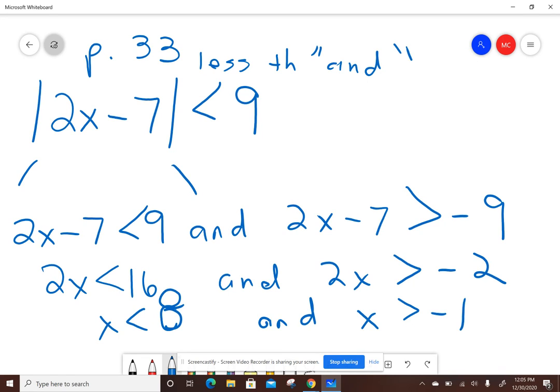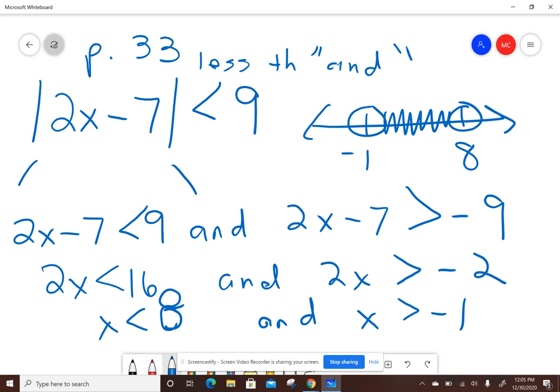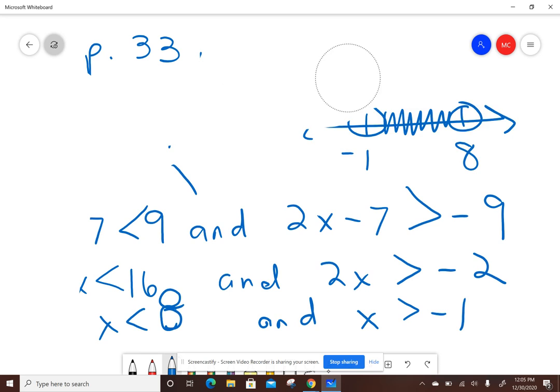So it's greater than negative 1, but less than 8. And it's a classic and looking inequality. Okay? So now let's try example 3 on page 33.